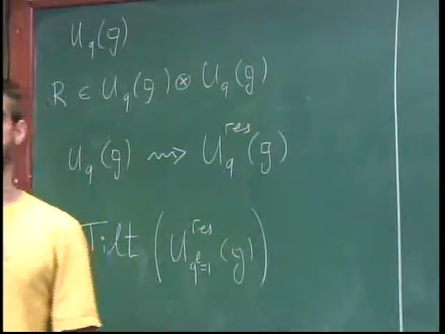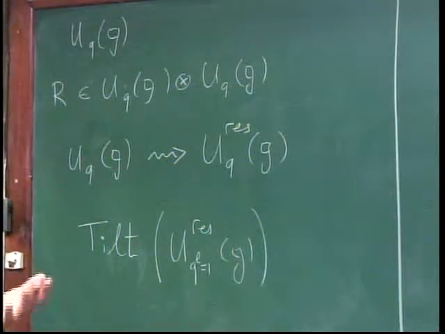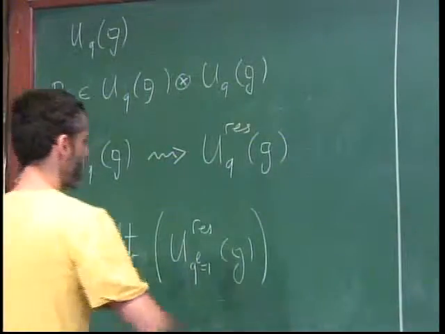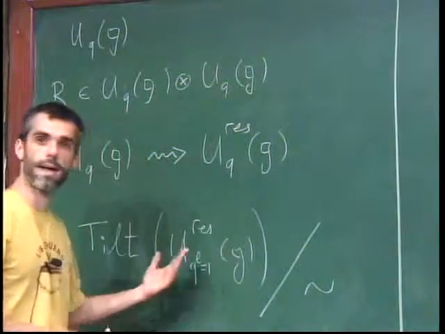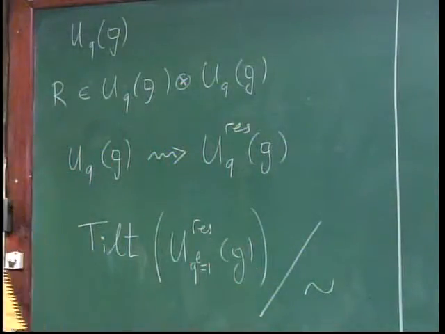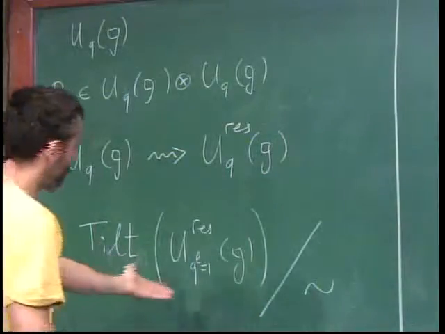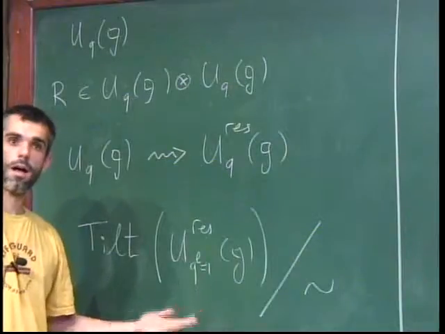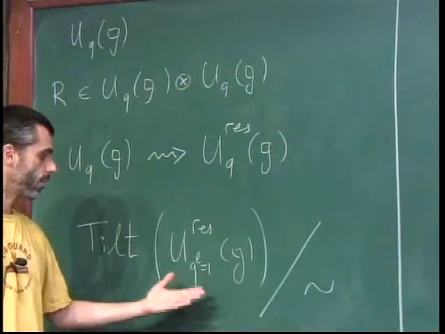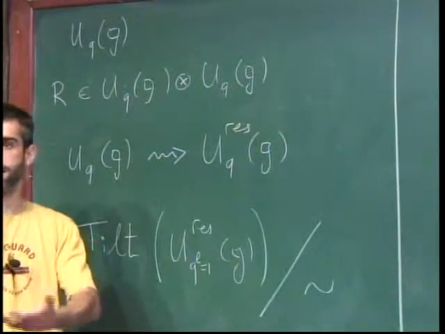And that thing, well, that thing is still not semi-simple. It still has all these tilting modules with weird filtrations. And then there's an operation that I'll explain later today of modding out that category by some equivalence relation. And that has the effect to both make the category semi-simple and make the number of irreducible objects finite.